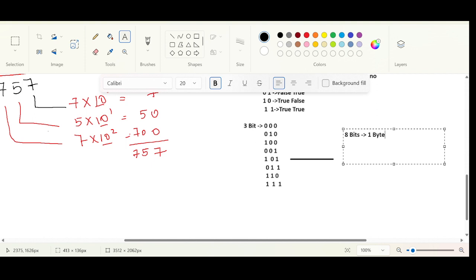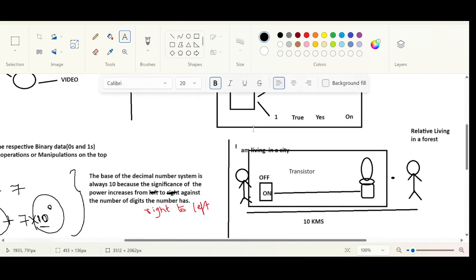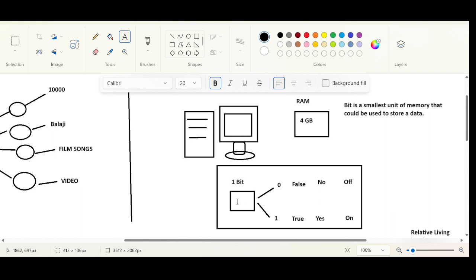And the size keeps increasing, and the combination of some of the bytes is going to be 1 megabyte. Combination of some of the megabytes is going to be 1 gigabyte, 1 terabyte, and it keeps going. But the smallest value is what? 1 bit. 1 bit is the smallest representation.